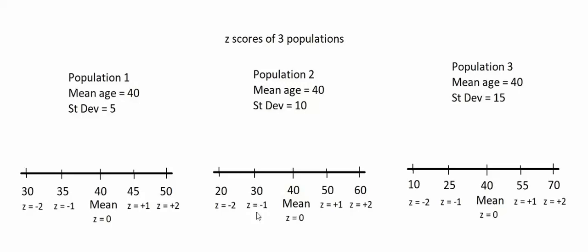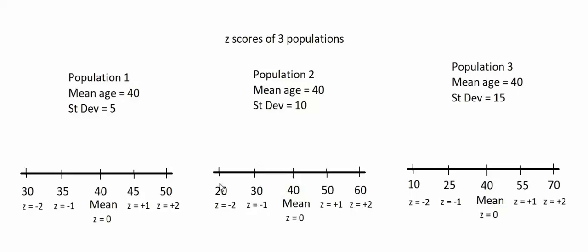Now, in population 3, we have a mean of 40 and a standard deviation of 15. Well, now we're going to be going in steps of 15. So once again, the mean has a z-score of 0. A 40-year-old would still be at 0. If you go up by 15, a 55-year-old has a z-score of +1.